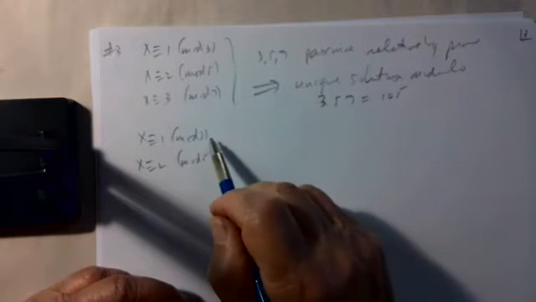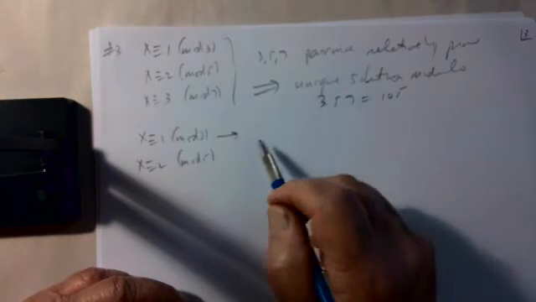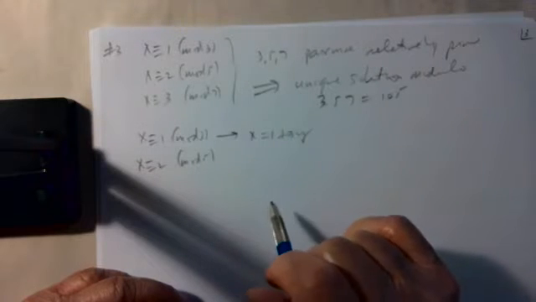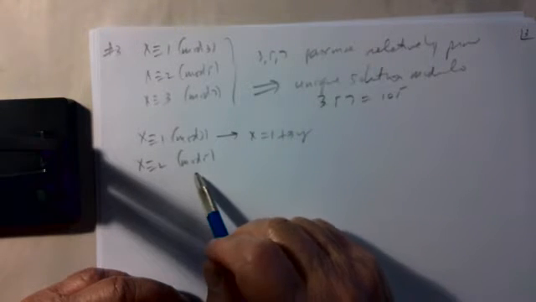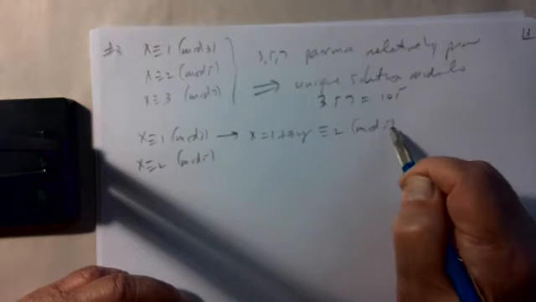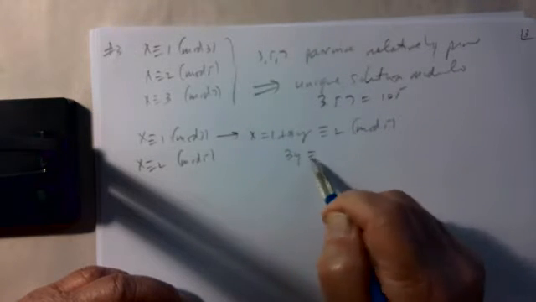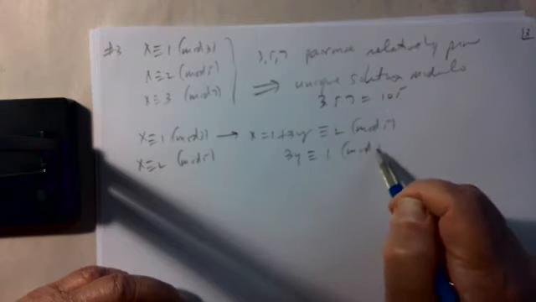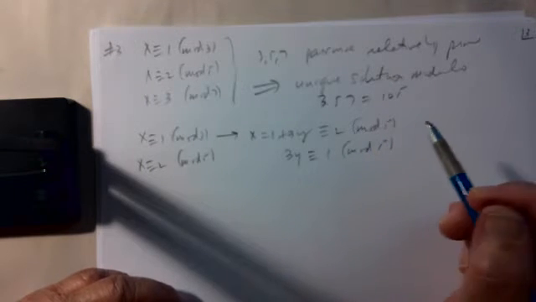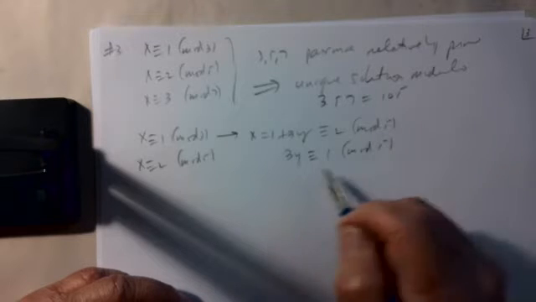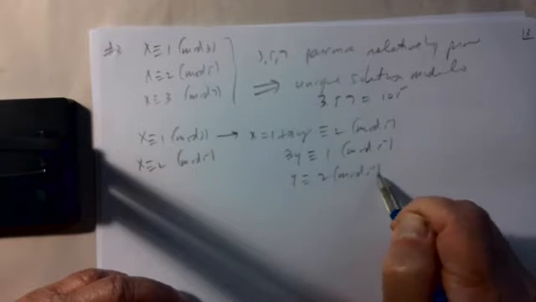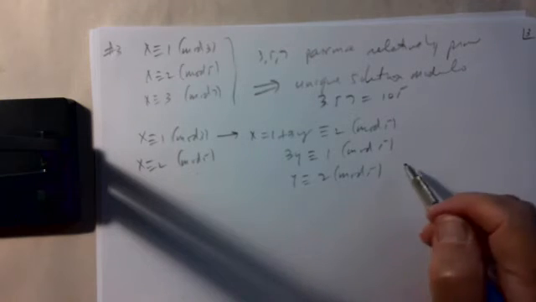Let's just work this out. So if x is congruent to 1 mod 3, that means x is 1 plus 3y. And if x is also congruent to 2 mod 5, then 3y is congruent to 1 mod 5. That means y is congruent to 2 mod 5.